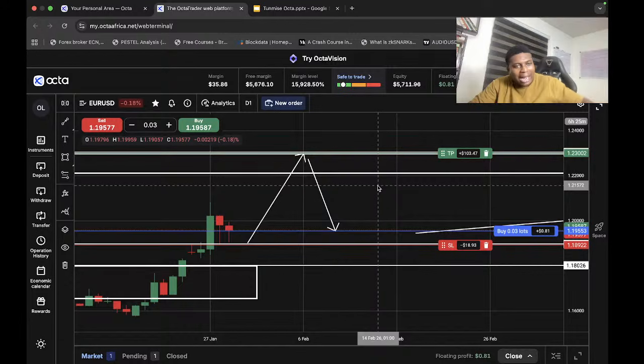So the lower the unemployment rate in the US, the more it strengthens the dollar, and when it strengthens the dollar like that, it will further change the direction.